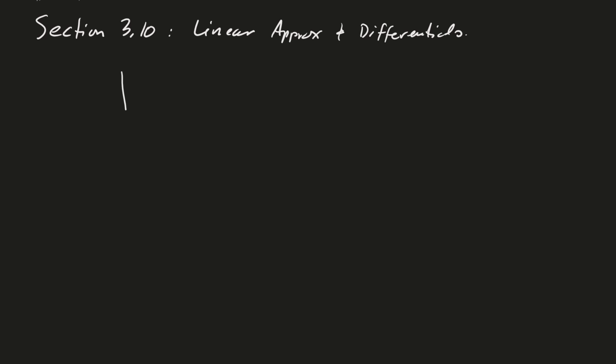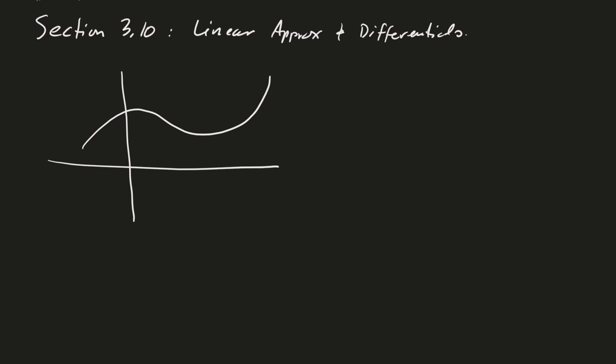And so the first thing we want to think about is if you have some nonlinear function, the idea is that at a point a, the function looks approximately like the tangent line, right?